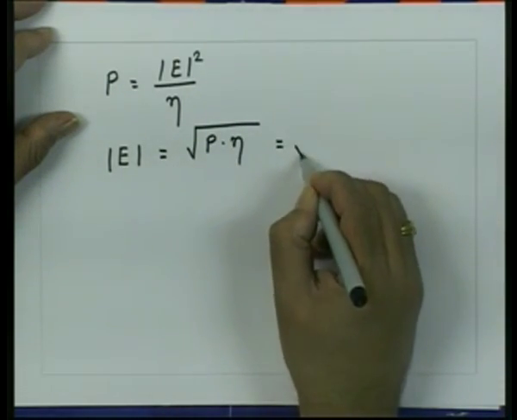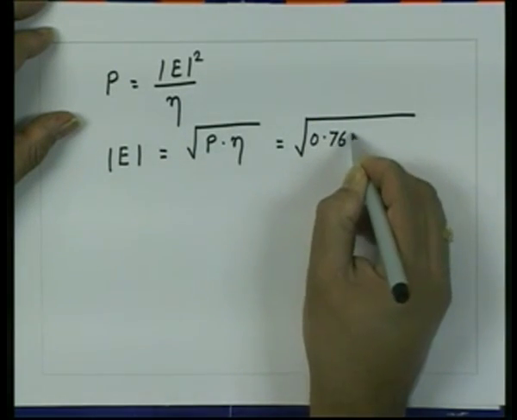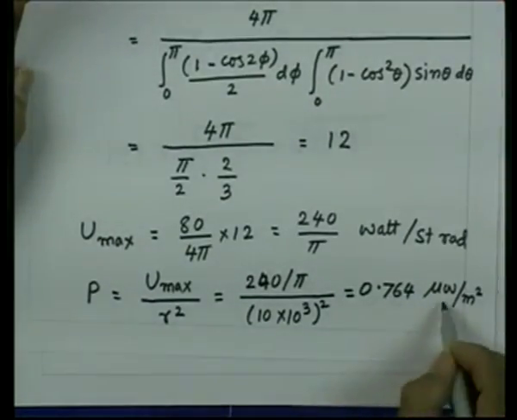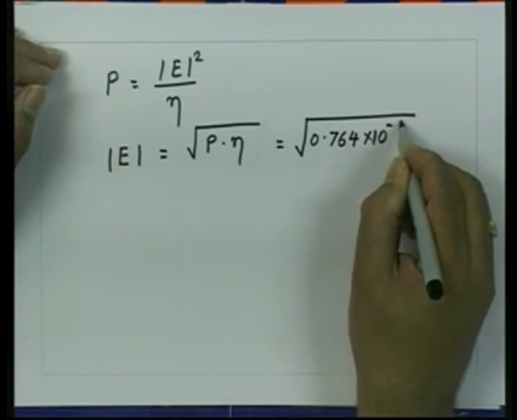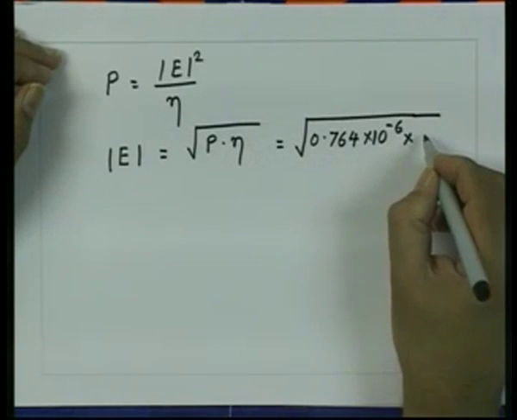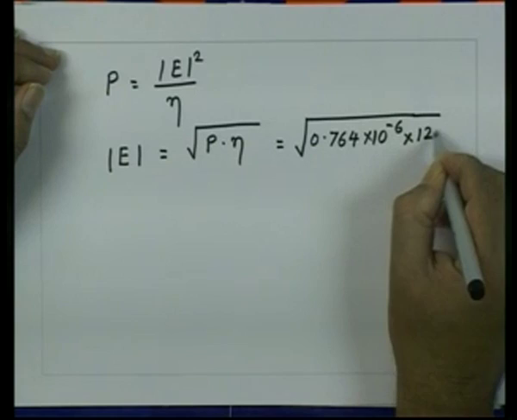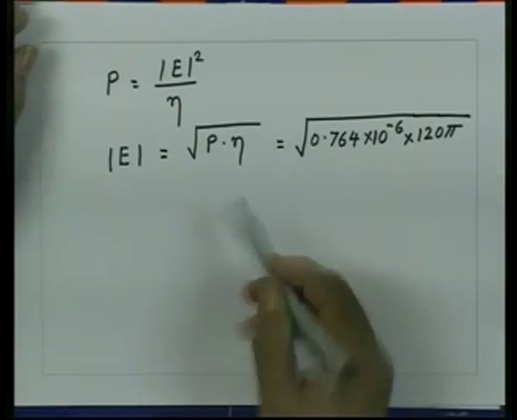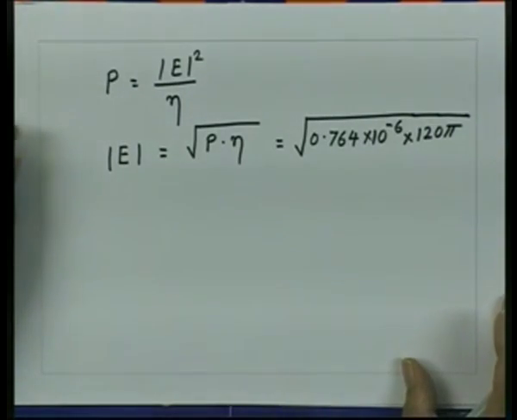So, equal to square root of 0.764 microwatts per meter square, so this is 10 to the power minus 6 for microwatts, into eta, which is 120 pi. So, simplifying this, essentially we can get the value for the electric field at that distance.